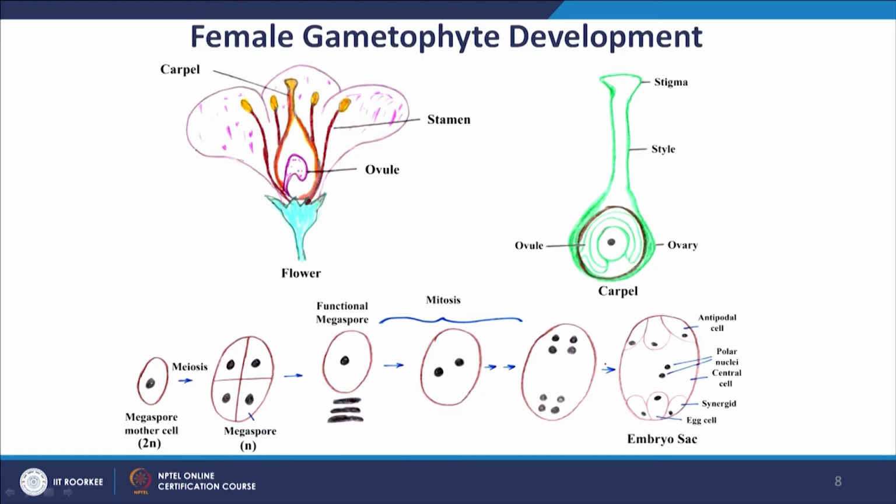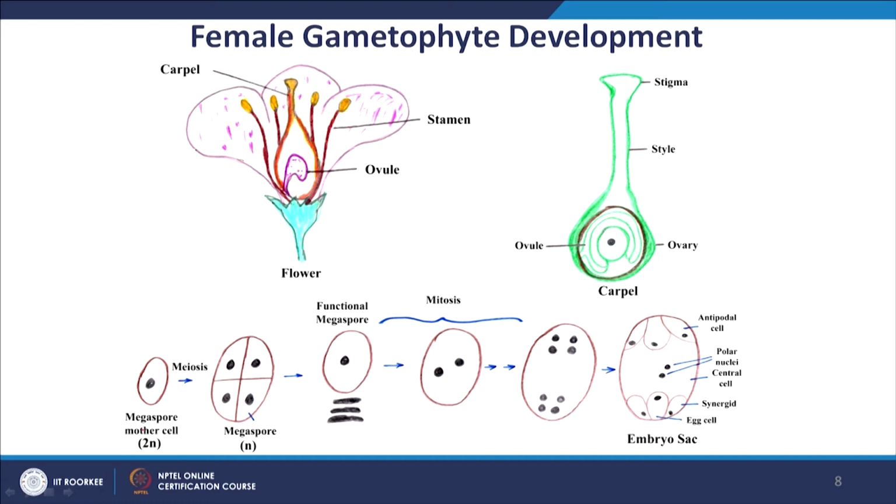Now, during the gametophytic phase, we will look at how female gametophyte development occurs. The female reproductive organ in angiosperms is the carpel, which has three regions: the stigma, style and ovary. In the ovary, there is a structure called the ovule, and in the ovule we have a megaspore mother cell.